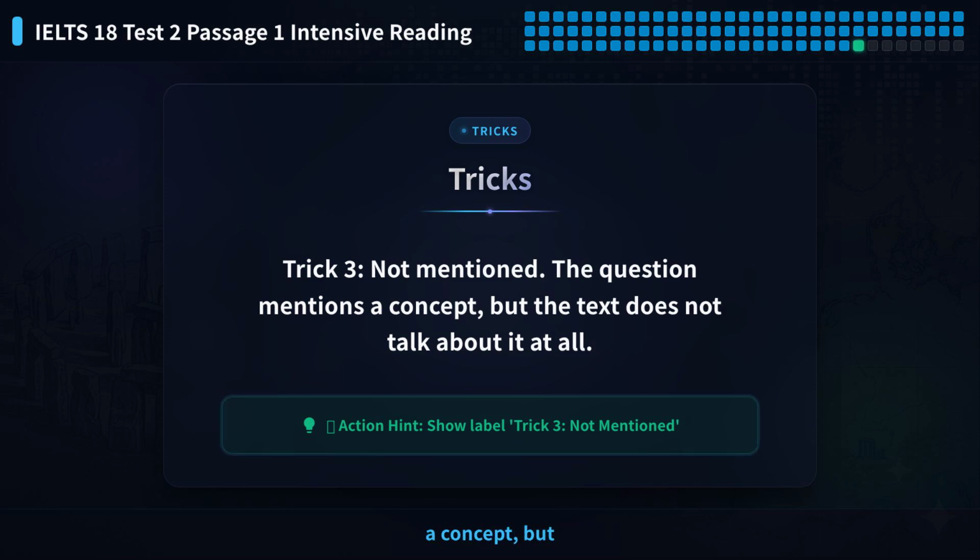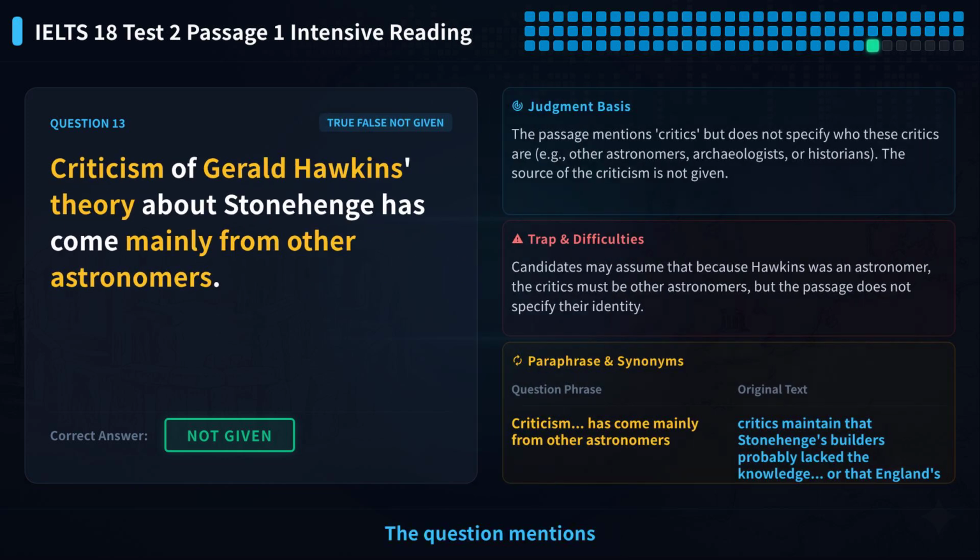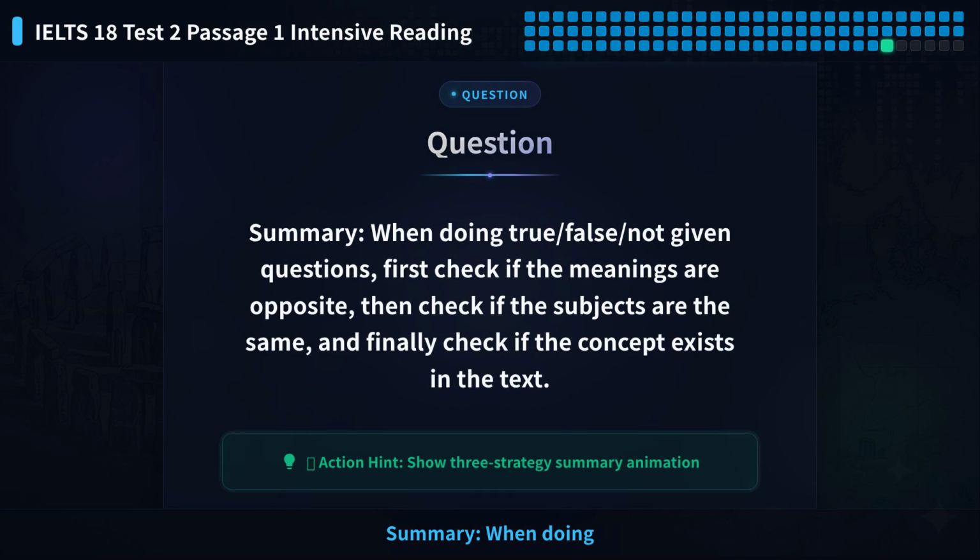The question mentions a concept, but the text does not talk about it at all. For example, question 13. So the answer is not given. Summary: when doing true/false/not given questions, first check if the meanings are opposite, then check if the subjects are the same, and finally check if the concept exists in the text.